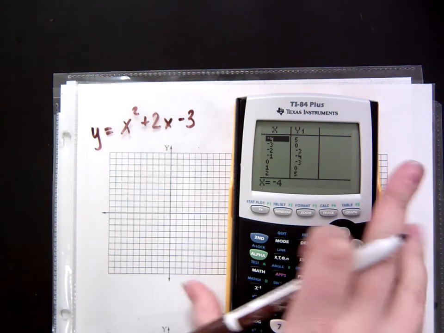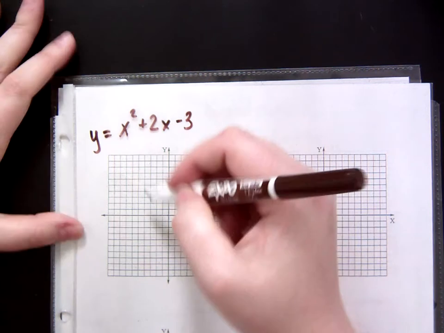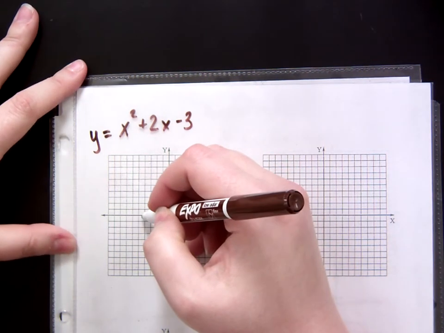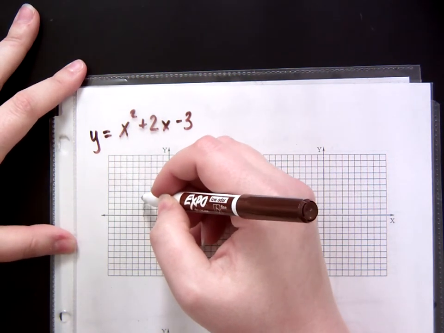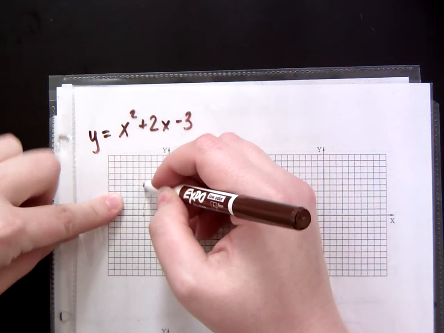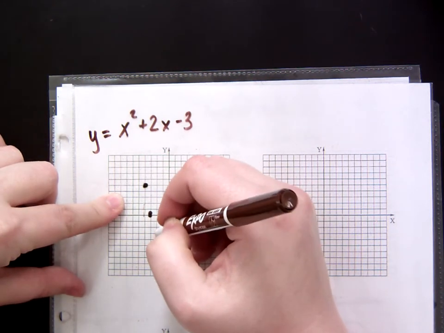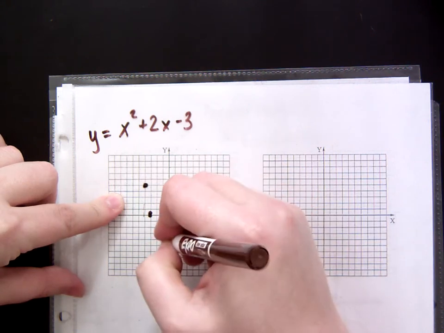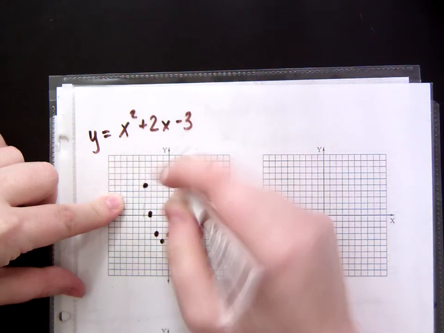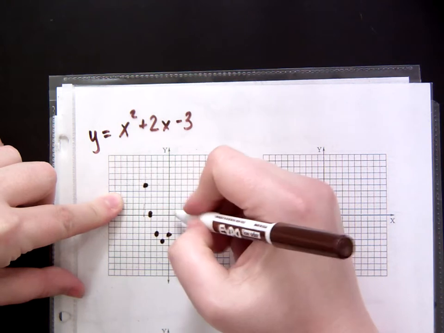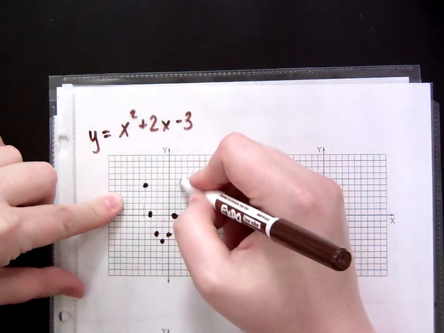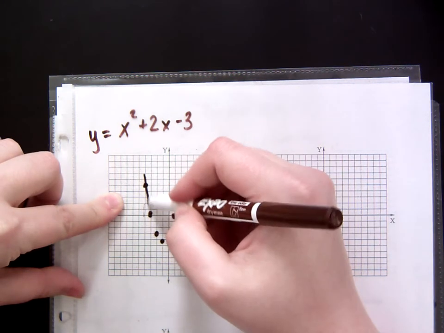So I'm going to plot these points. So I get -4, 5, -3, 0, -2, -3, and then, ooh, got carried away there. Alright.